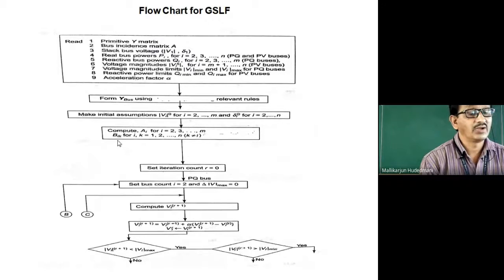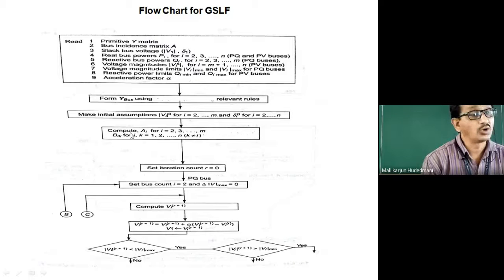In that equation, the terms like P minus jQ by Yii remain constant. P is constant, Q is constant, Yii is a constant. Those constants were substituted by Ai and Bik in the book, so you do not need to worry about this.